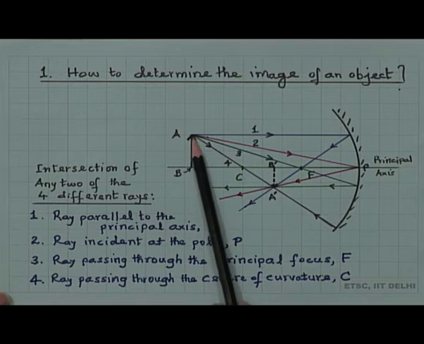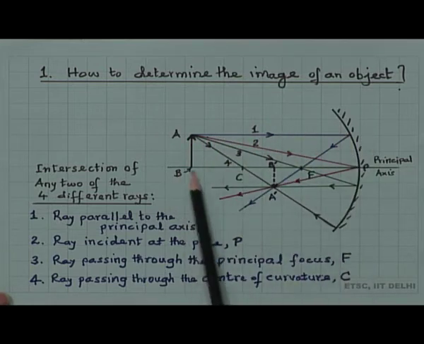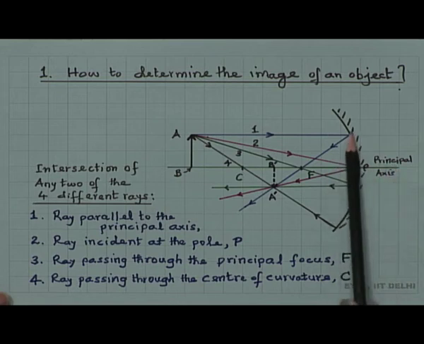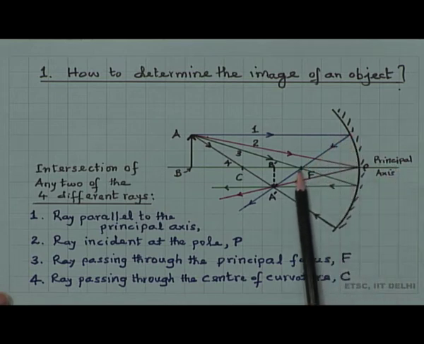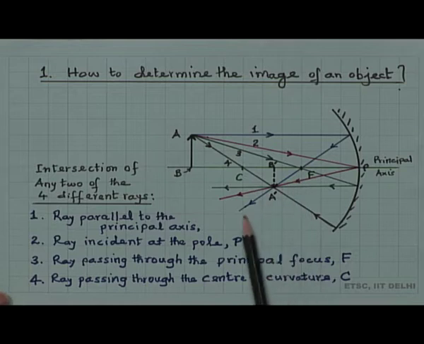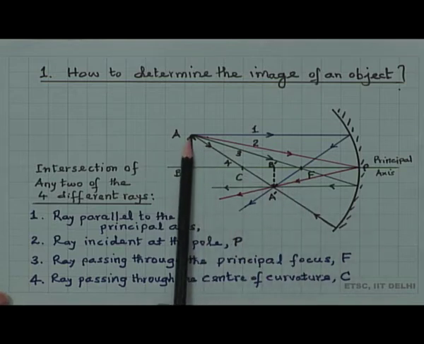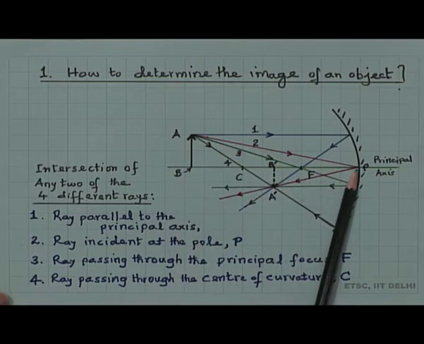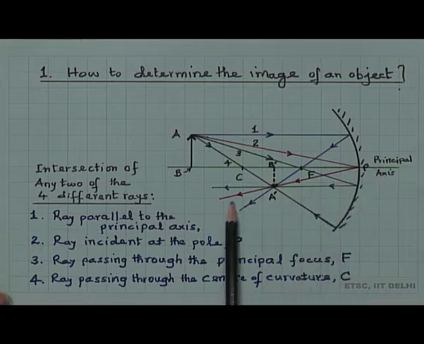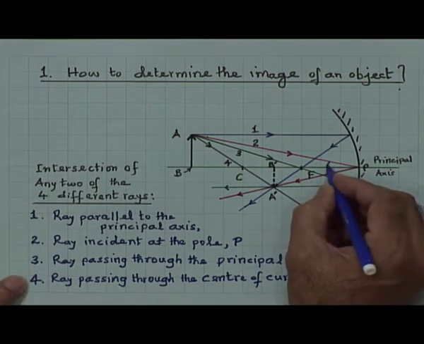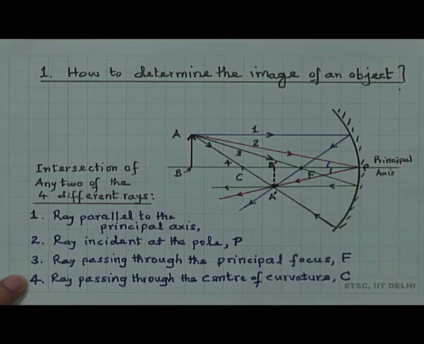One, a ray parallel to the principal axis, which passes through the principal focus after reflection. Second, a ray which is incident at the pole, which will get reflected satisfying the law of reflection, that is, the angle here is equal to the angle here.